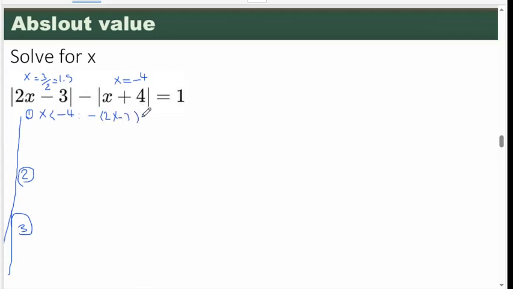So negative 2x plus 3, minus 3. I put the sign in front of the second absolute value. Again, I said x less than negative 4, so inside would be negative. To get rid of this negative absolute value sign, I have to multiply inside with negative as well, equals 1.